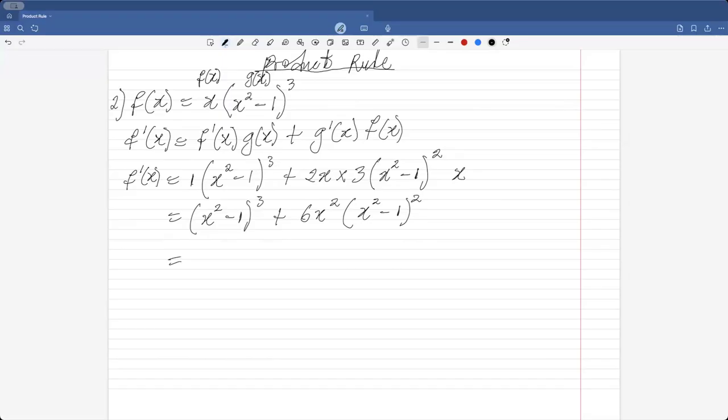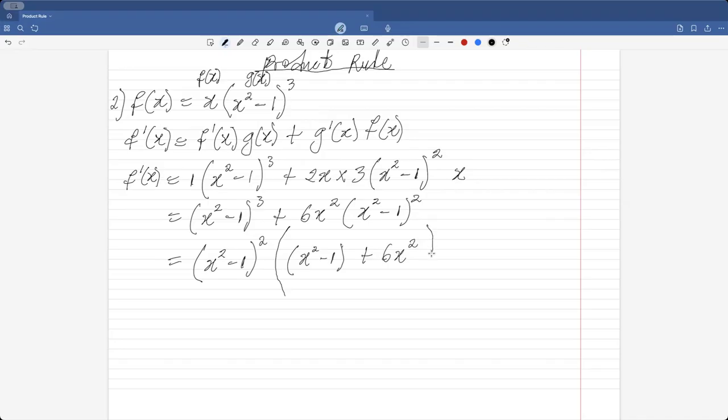So in this case, we can say that our final answer is nothing but (x squared minus 1) to the power of 2, open parenthesis x squared minus 1, close parenthesis, plus 6x to the power of 2.